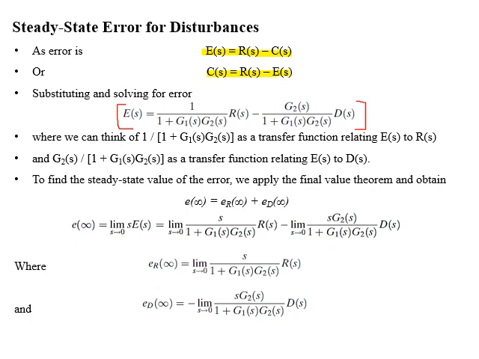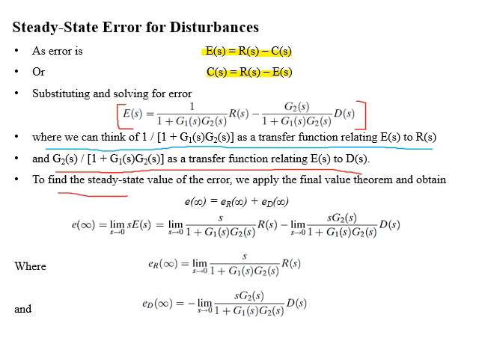Now 1 divided by 1 plus G1(s) times G2(s) will act as a transfer function between error and reference input, where G2 divided by 1 plus G1(s) times G2(s) will act as a transfer function between error and disturbance signal D(s).